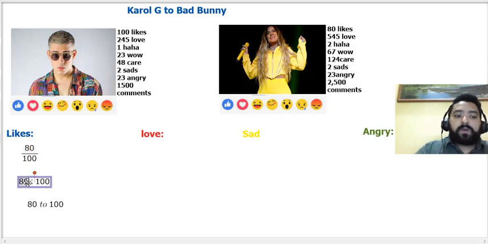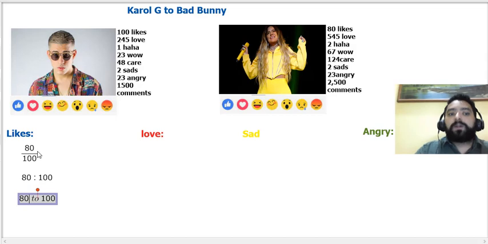Remember, ratios is when you compare two quantities. So in this case, we had the two quantities about likes in the update on Facebook for each one. So now for love, Bad Bunny has 245 and Karol G has 445. But in this case, remember, we are comparing Karol G to Bad Bunny.